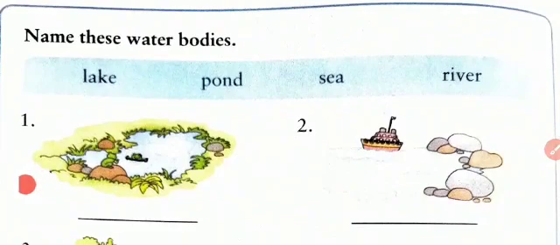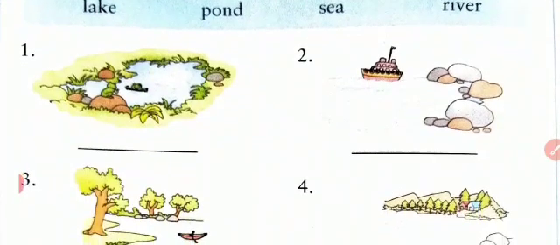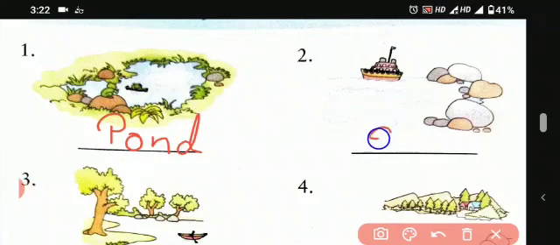So first, let's see the water bodies. What are these water bodies? We can see the pictures here. The first water body is a pond. So students, this is the pond. The next water body we see is a sea or an ocean.